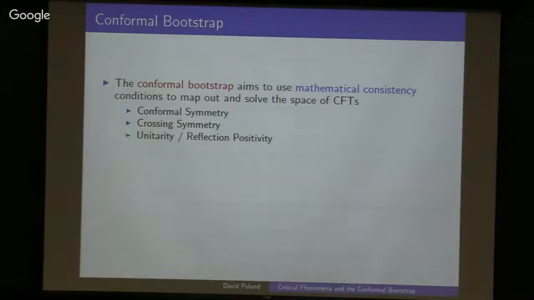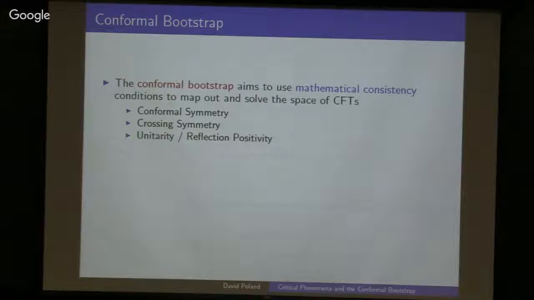So what are these conditions? First of all, we want to study conformal field theories, so they have conformal symmetry. They also satisfy a condition called crossing symmetry, which I'll explain in a second, but it's related to the statement that the underlying operator algebra in this theory is associative. This is a very basic mathematical consistency condition for algebras of operators. And then the final condition is called unitarity, which in quantum theories encodes the statement that probabilities add up to 1.